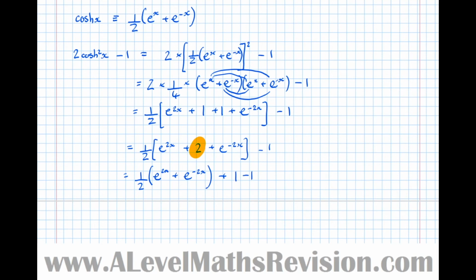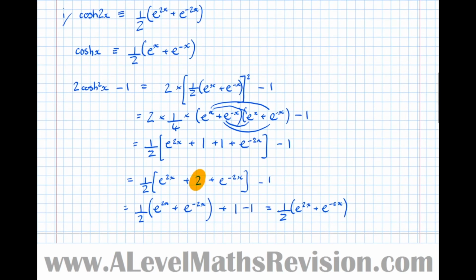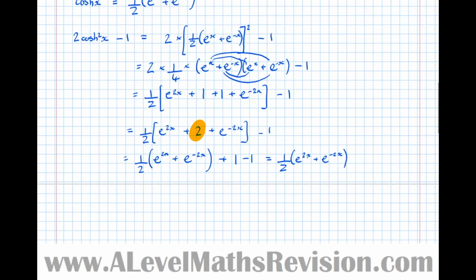Take 1 equals a half e to the 2x plus e to the minus 2x, which, as we saw previously, was cosh of 2x. And that's the proof done.